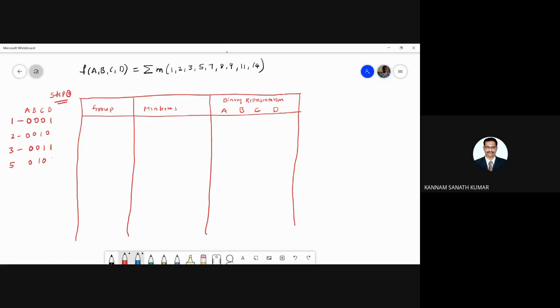And 5 is 0 1 0 1. 6 is not there, so 7 next. 7 is 0 1 1 1, 8 is 1 0 0 0, 9 is 1 0 0 1, 11 is 1 0 1 1, 14 is 1 1 1 0.